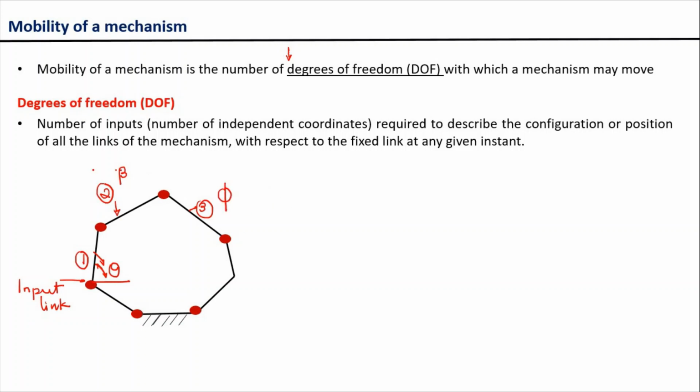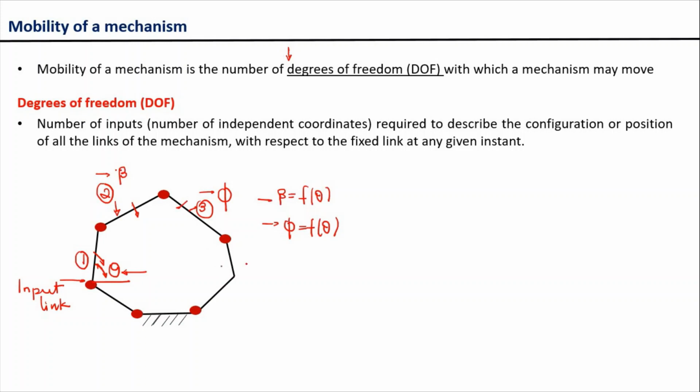Now if the motions beta and phi can be expressed in terms of the motion of the input link theta, so let's say beta is a function of theta, phi is also a function of theta, then only one coordinate, that is the theta coordinate, will be sufficient to describe the motion of links 2 and 3.